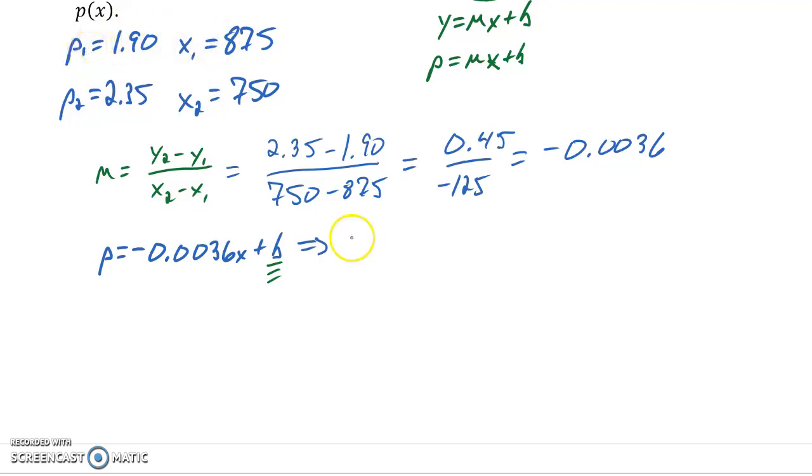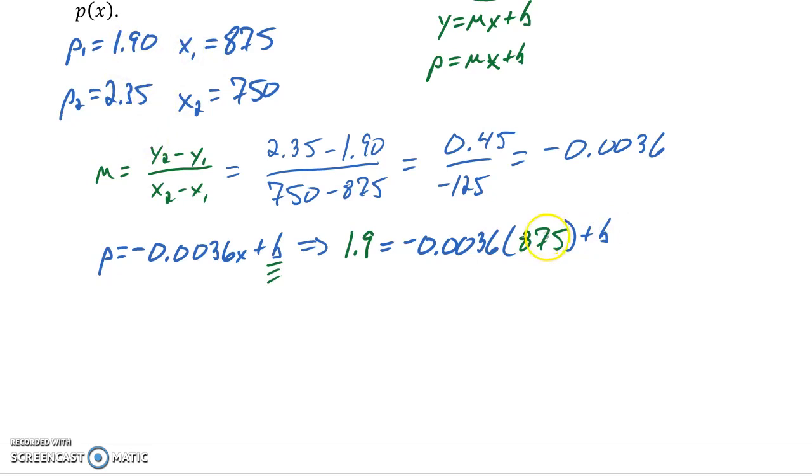So I'll plug in p1 was 1.9, which is going to be equal to negative 0.0036 times the corresponding demand or sales level, in this case 875, plus b.